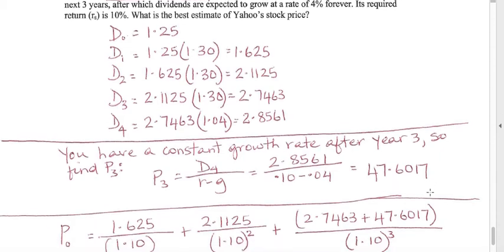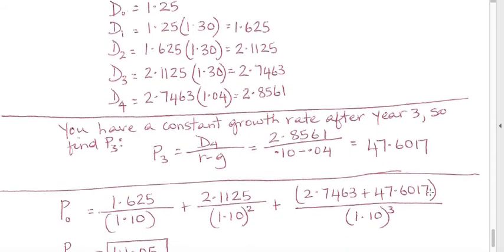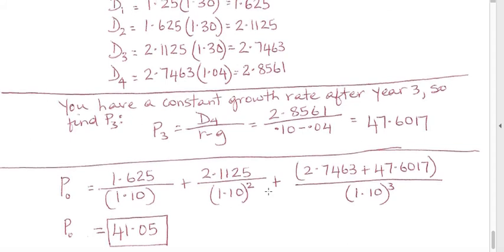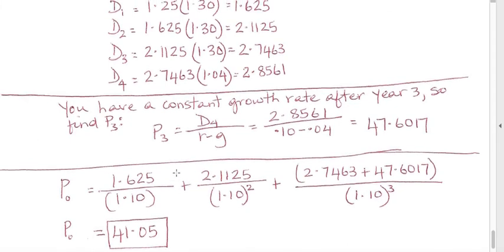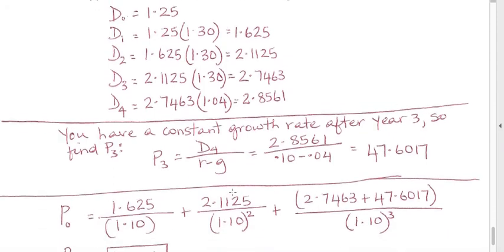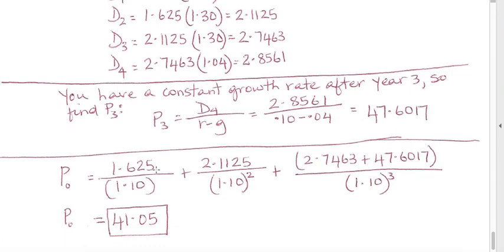Now you can discount all your future cash flows. Notice in this case, you are not discounting the $1.25 because that has already been paid. So you discount 1.625, your first dividend. Your R is equal to 10%. Remember, if we go back, R is equal to 10%. So 1.625 divided by 1.1.